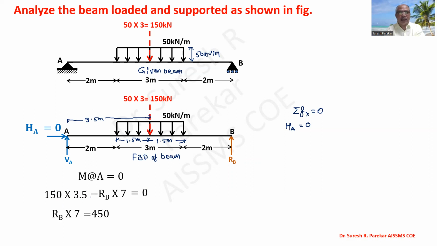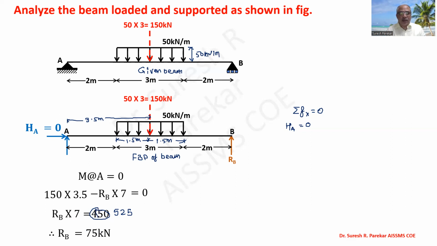From this we get RB into 7 equal to 150 into 3.5, which is 525, and then RB equals 525 upon 7, so we get the value 75 kilonewton.